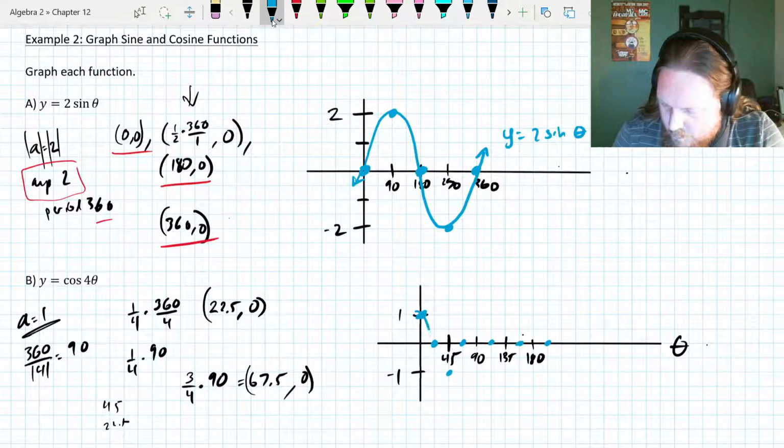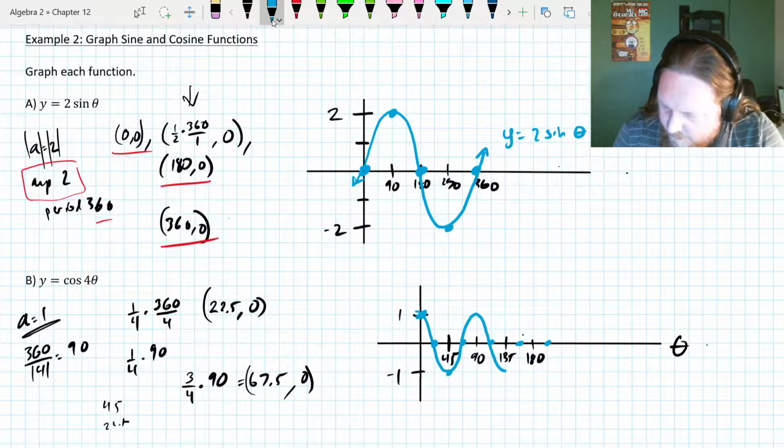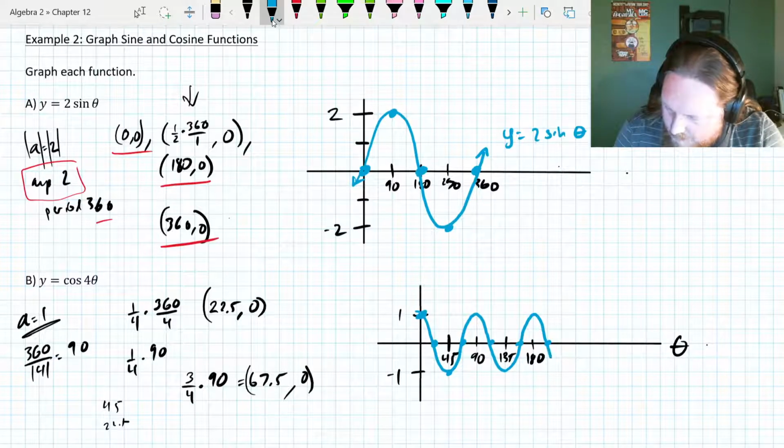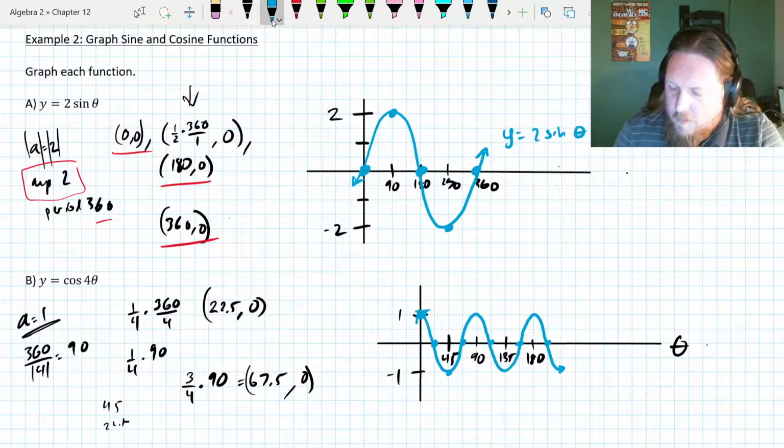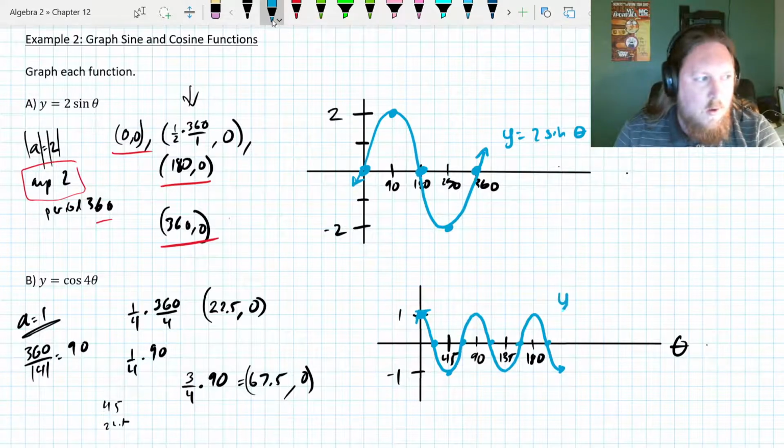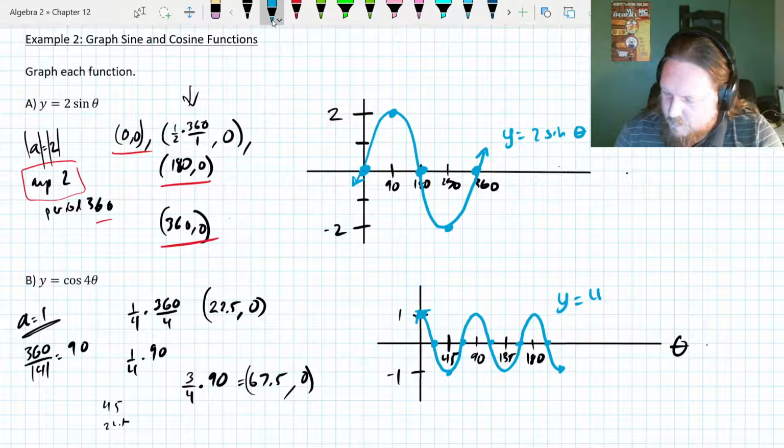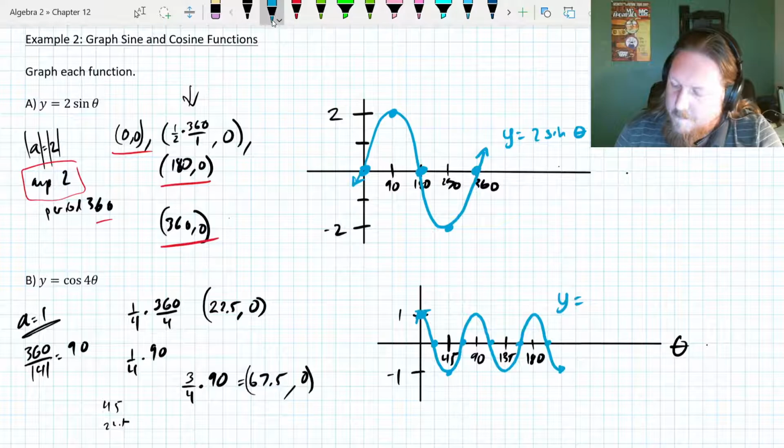So I go down, and I curve back up. Get to the top at the 90, and back down, and bottom at 135. And then top at the 180, and then back down. And there we go. That is my graph of y equals cosine of 4 theta.